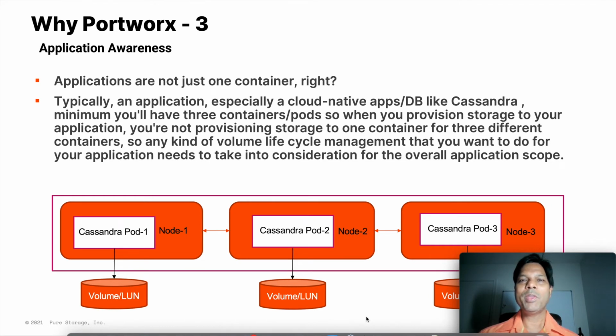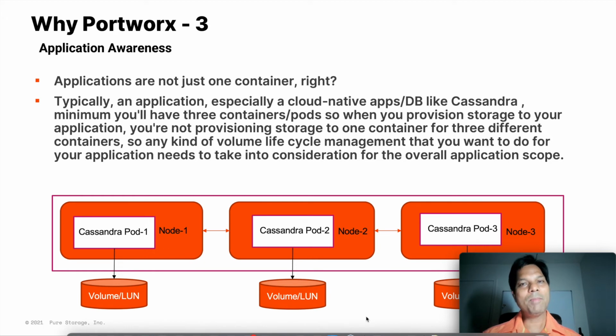So without Portworx, Kubernetes is not aware of the application. It just knows how to attach a volume to each pod, but it is not managed. The volume lifecycle management is not done automatically. But if Portworx is installed, then Portworx knows that there is an application running, and it is a cluster, and it has got 3 pods, and there are volumes attached to these 3 pods, and that is completely managed.